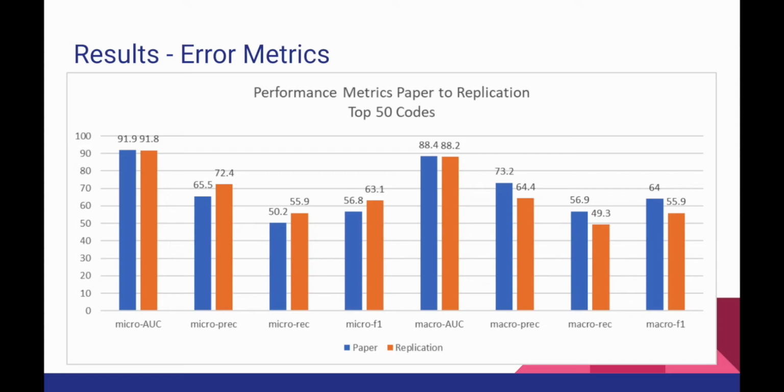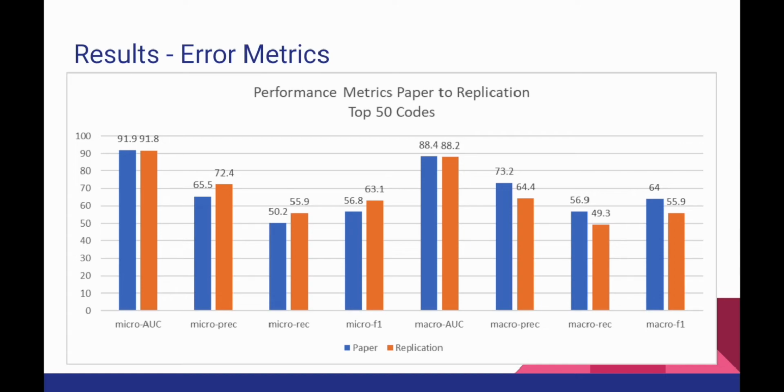Here we have the aggregate error metrics. The study paper was trained on 100 epochs and performed better on the AUC and macro metrics. Our reproduction study was trained on 25 epochs and performed better on the micro metric of the AUC, precision, recall, and F1. The macro-micro performance split is not surprising.